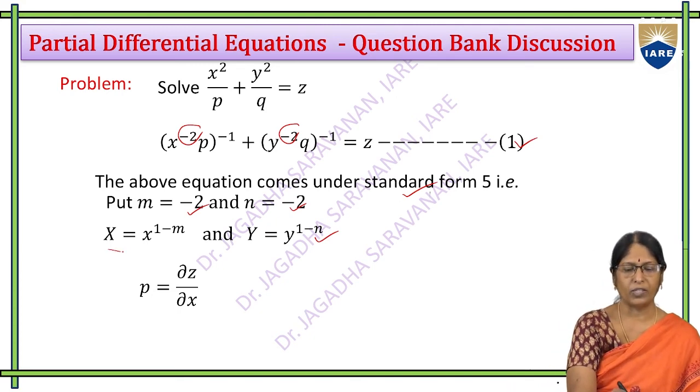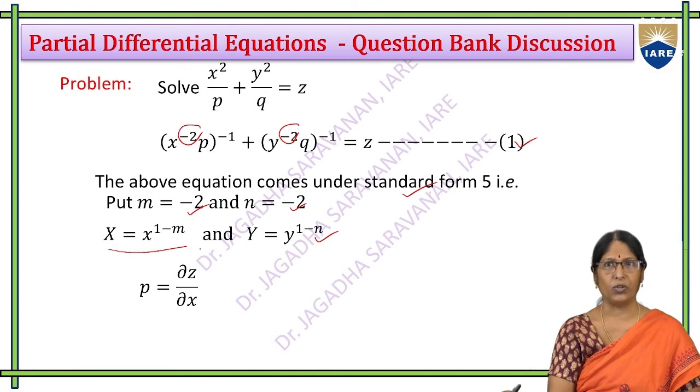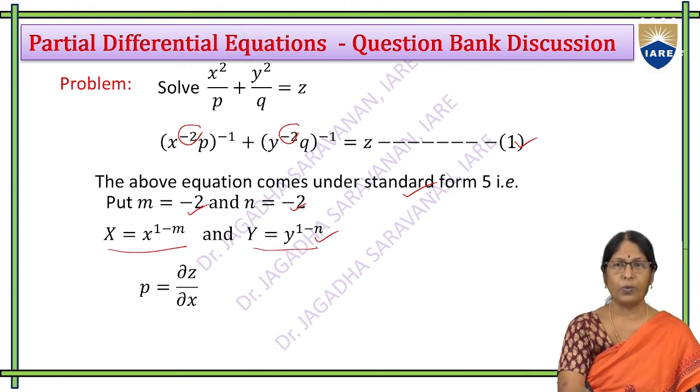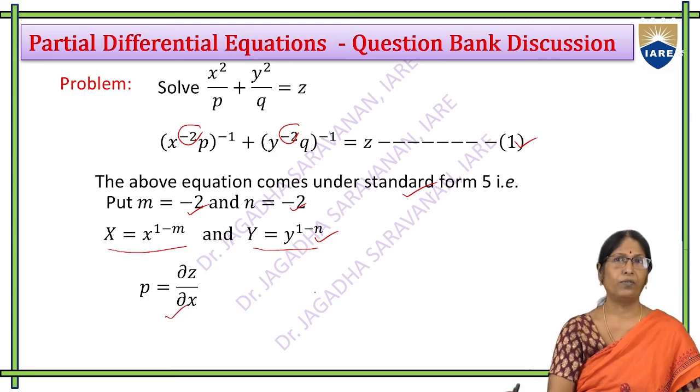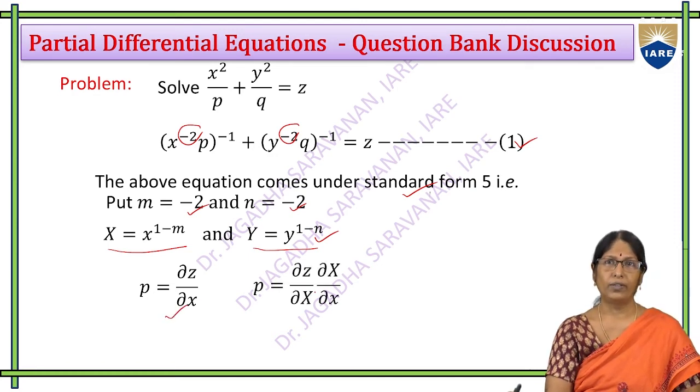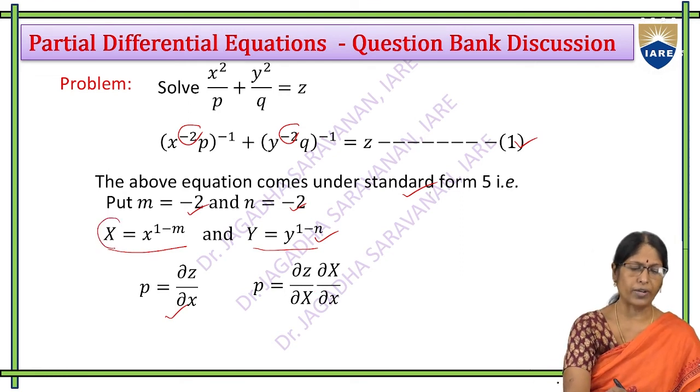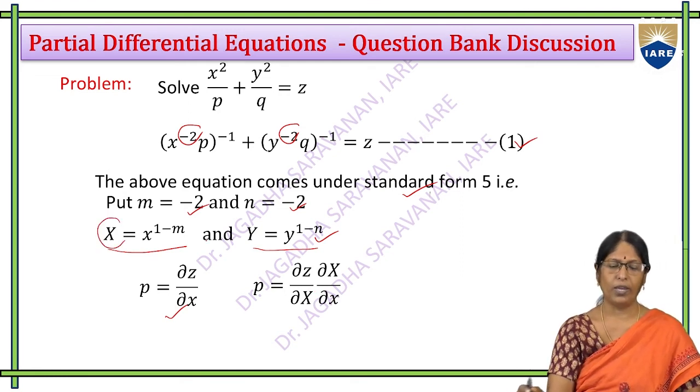So capital X we have to assume in such a way. Capital Y to be assumed in such a way, that is capital Y equal to y power 1 minus n. This notation we already know. Then what we assumed, our capital X, is to be inserted here.